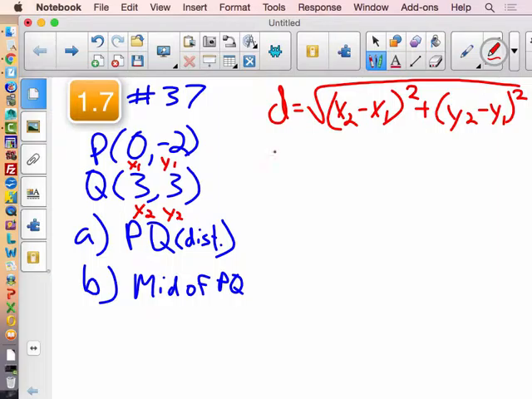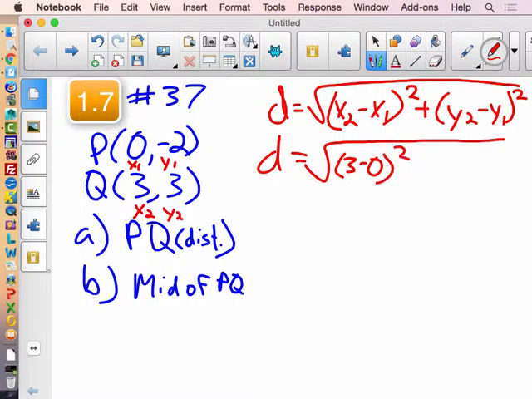So we're going to say d is equal to the square root of, what's x sub 2? 3. Minus x sub 1. What's x sub 1? 0. Plus, what's y sub 2? 3. Minus, what's y sub 1? -2. So we're going to say minus -2.